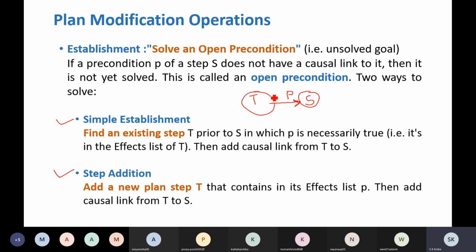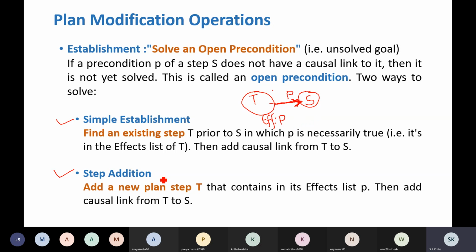That means this T will make P true, so the effect of T is P. Effect means the result of T is P. Then you can add a causal link from T to S, because the effect of T is P, which is a precondition for S. So this is called a causal link, and this is simple establishment.